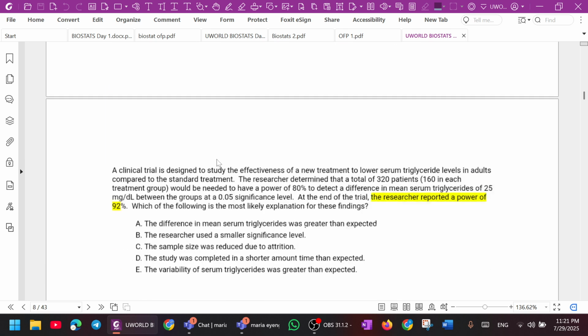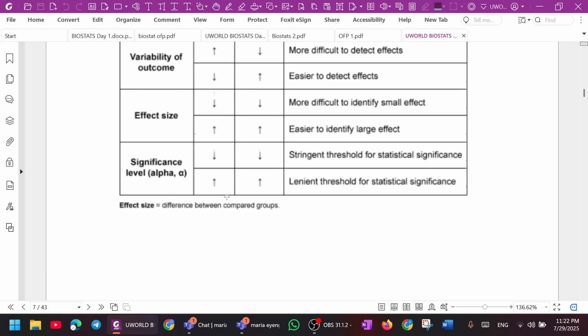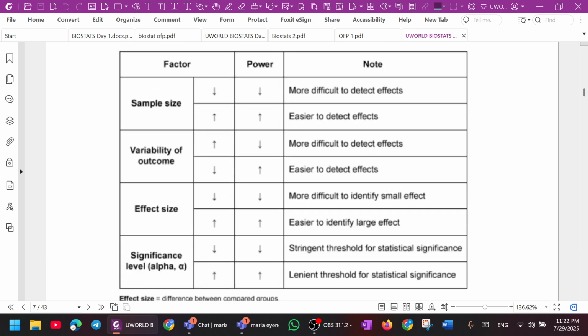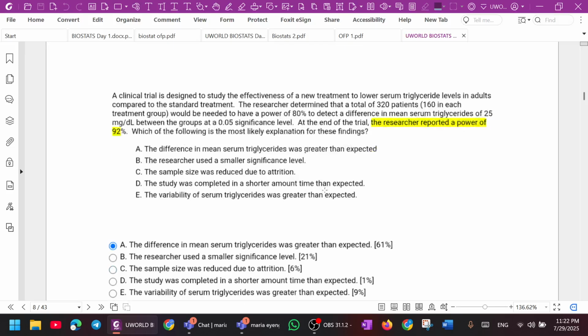So what will we think? Look here: initially they needed to have a power of 80, but they ended up having a power of 92. So power increased.